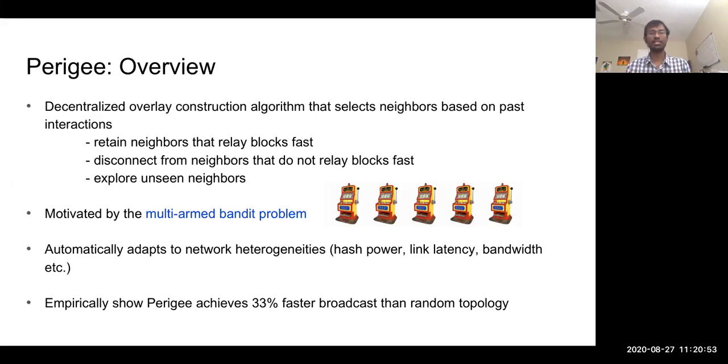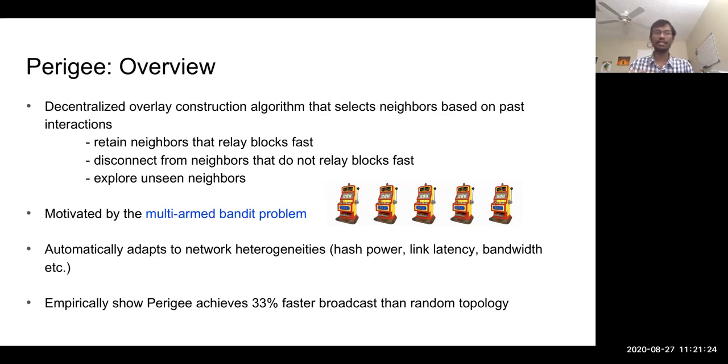So in this presentation, in our work, we present Perigee, which is a decentralized overlay construction algorithm that decides neighbors for a node based on the node's past interactions with them. The high level idea is very simple. A node starts off with an arbitrary set of neighbors, and it observes how fast each neighbor relays blocks to it.